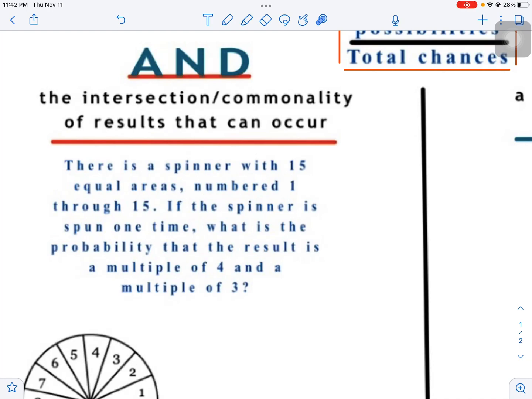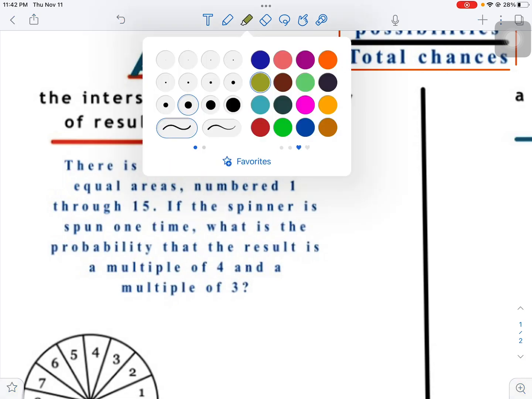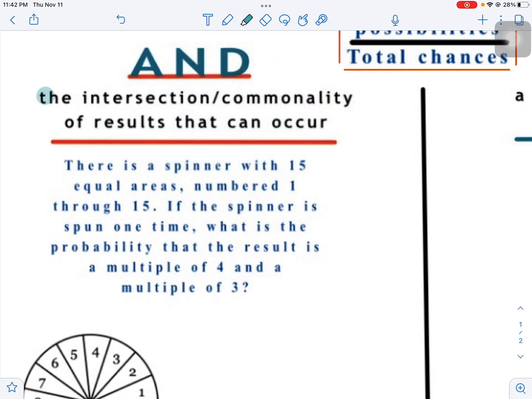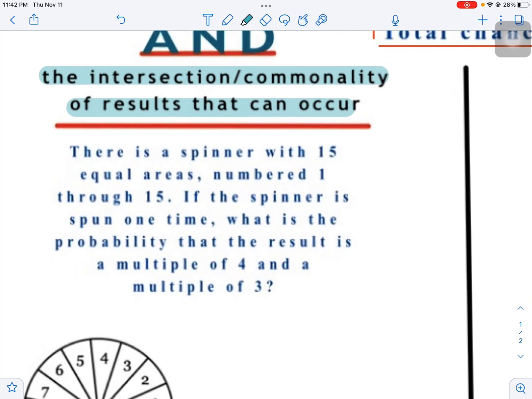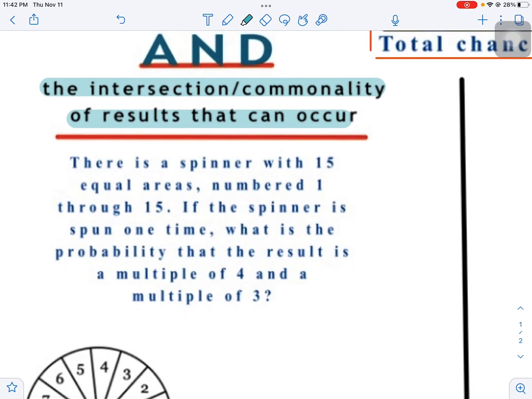It is a hip hop song. This or that. So the definition of "and" says the intersection or commonality of results that can occur. So it's what two things have in common. "And" means two things have to have in common.